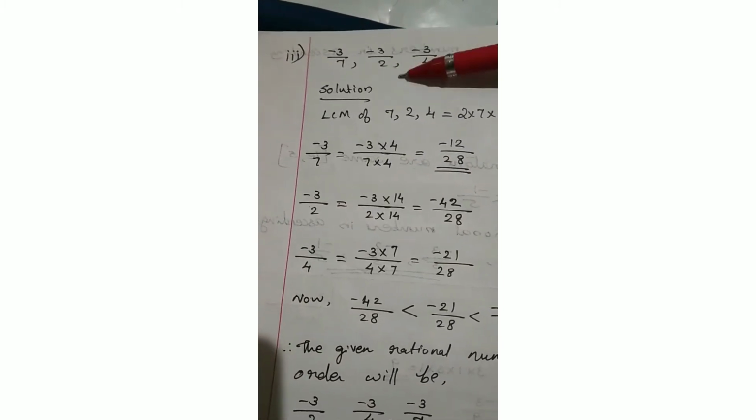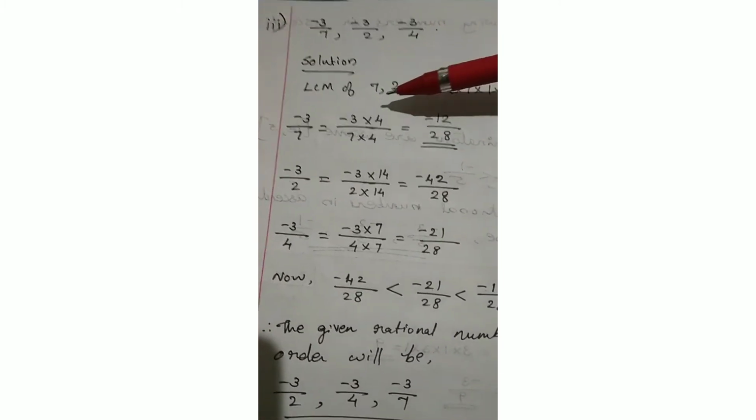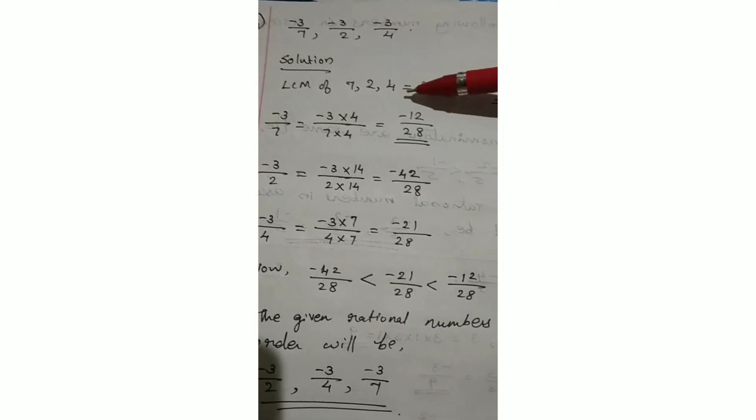For this third question also: negative 3 on 7, negative 3 on 2 and negative 3 on 4. We have to find the LCM of 7, 2 and 4. How can we do it? Here 7, 2 and 4 are there. So we have to divide. There is no common factor for 7, only 1, so leave it. But in case of 2 and 4, we can divide both by 2.